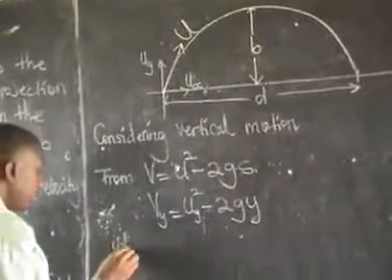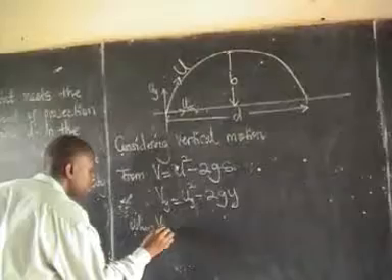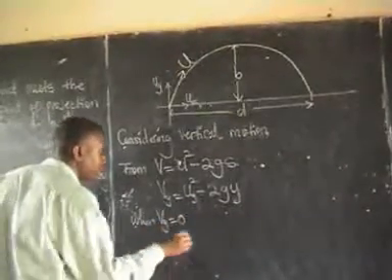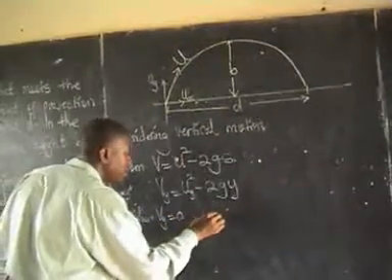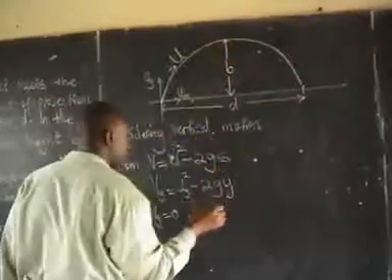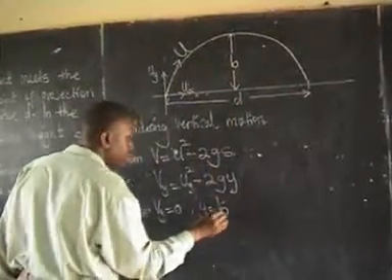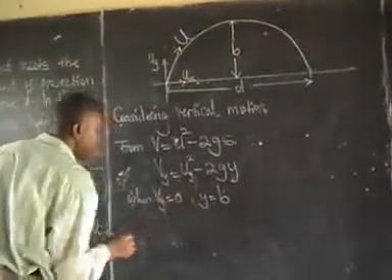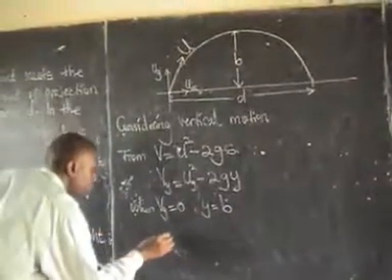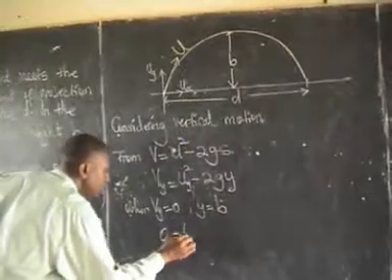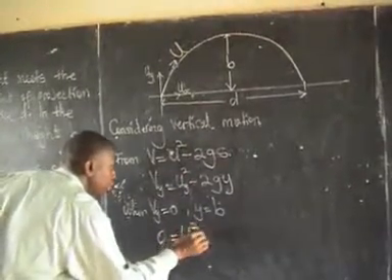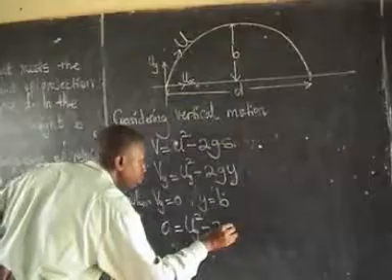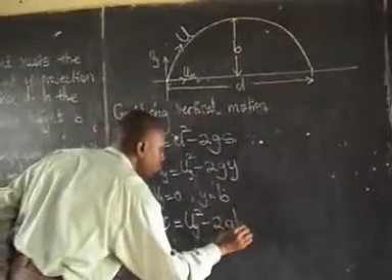Now when Vy is equal to 0, then my y in this case is going to be equal to the maximum height, which is b. So substituting these values in our mother equation, we are going to have 0 is equal to Uy squared minus 2gb.